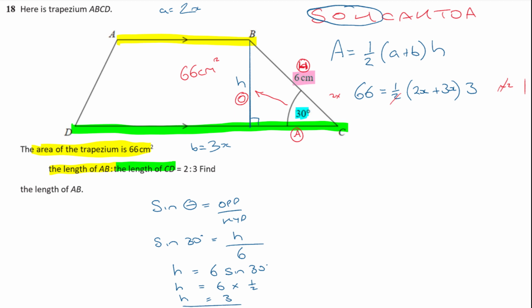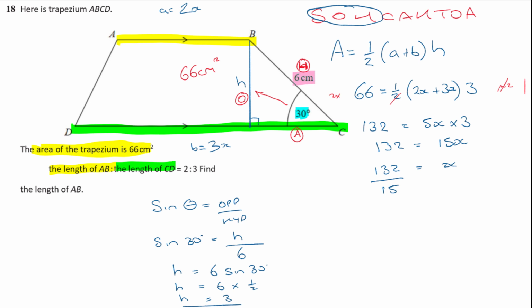And then that's going to give me 132 is equal to, and then I've got 2x plus 3x, which is 5x inside the bracket, times 3. Okay, so 132 is equal to 5 times 3 is 15, 15x. So then x is going to be 132 divided by 15.